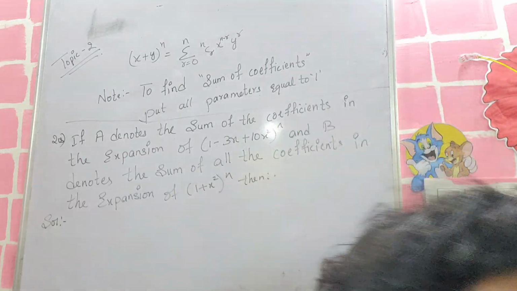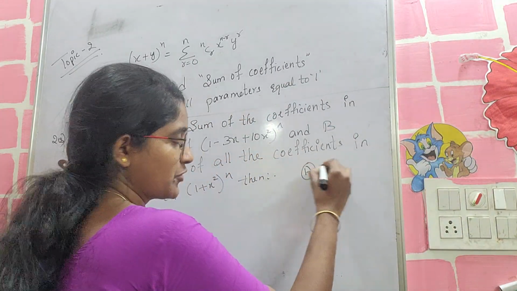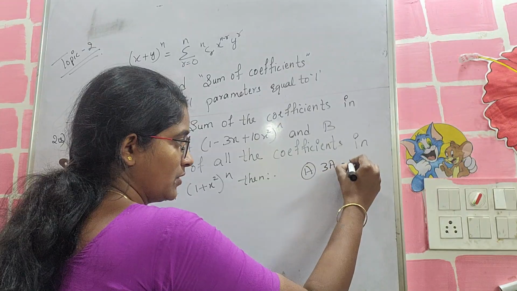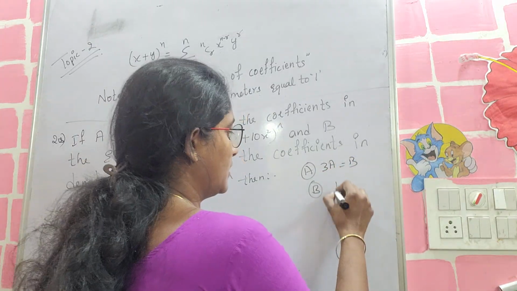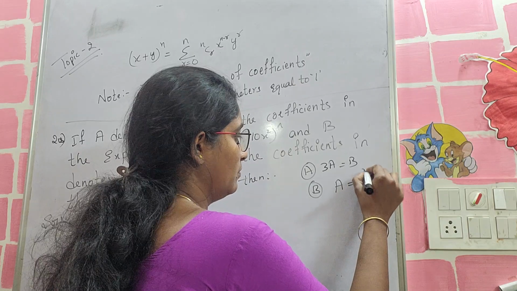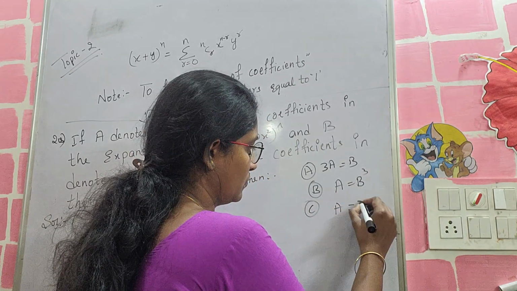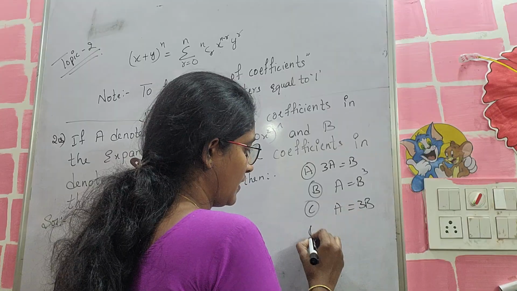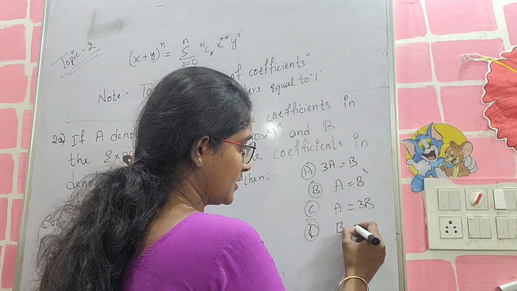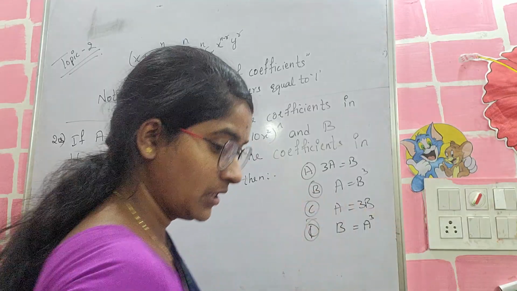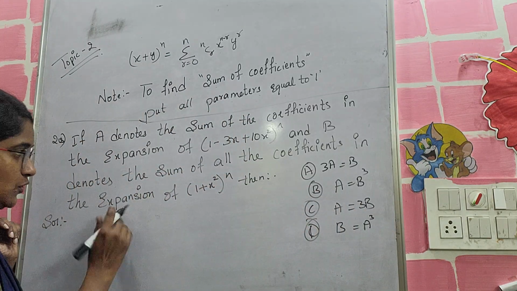And here are the options: the first option is 3a is equal to b, the second one is a is equal to b cube, the third one is a is equal to 3b, and the fourth one, d, is b is equal to a cube. Like this they give. Okay, so we'll see a.